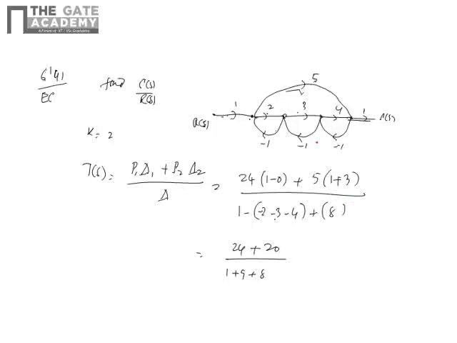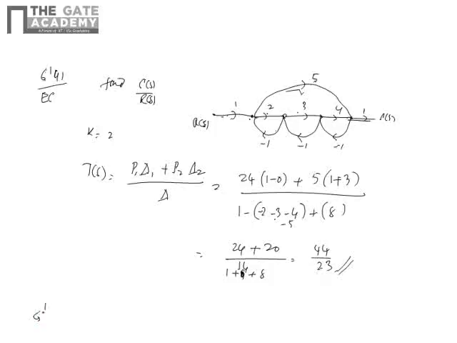Actually, one more is there, so that is minus 5. Minus 5 means 13 will come. 9 minus means that is 14. So you will get 44 by 23. This is the answer.